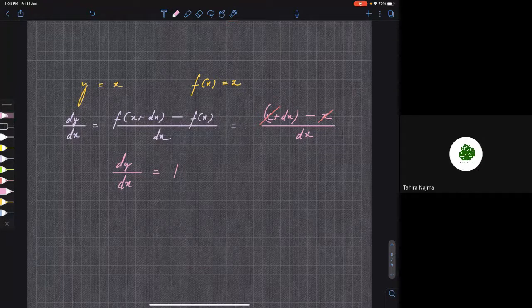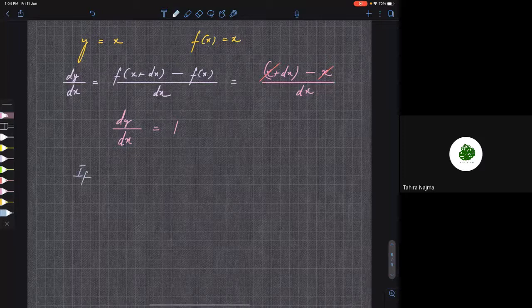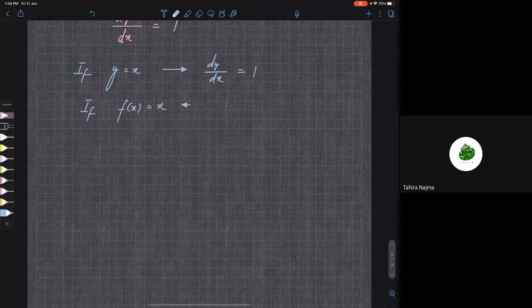That means here I can conclude, if y is equal to x, then dy by dx is equal to 1. Or if f of x is equal to x, then tell me, f dash of x is equal to 1. Correct?